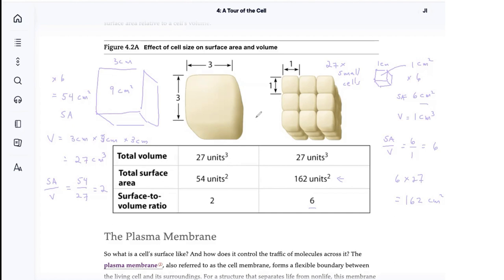Right? And so what I'm trying to do here is answer the question, why are cells small? Try to think about how you would answer that in your own words, because this is the sort of thing that you're going to need to do when I give you an examination of the content.